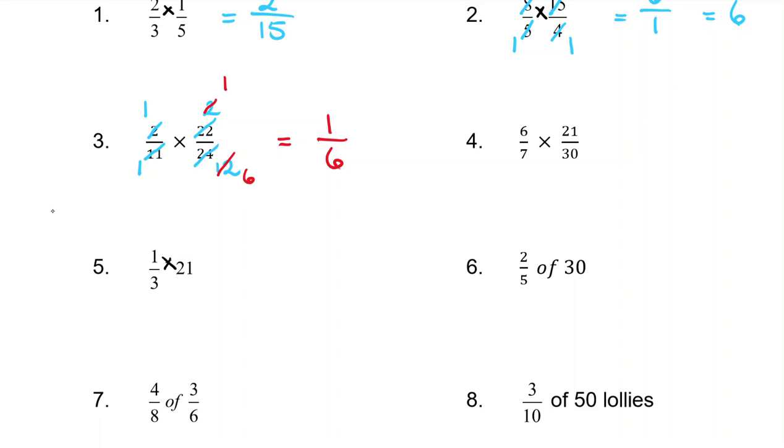Yes, Lily? No, not your explanation, Hannah. So if you had done 2 over 12 here instead, and then said, but that simplifies down to 1 over 6, that is still completely correct. But as long as you don't stop here, you still have to then simplify it completely. Okay, yes?